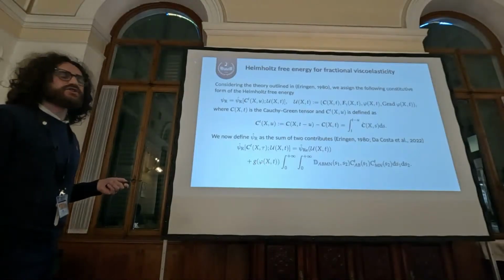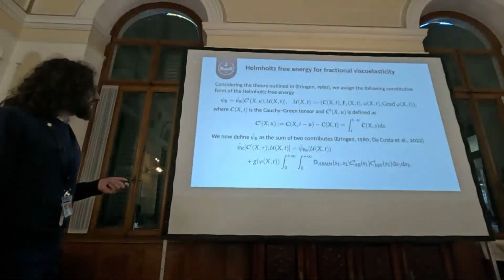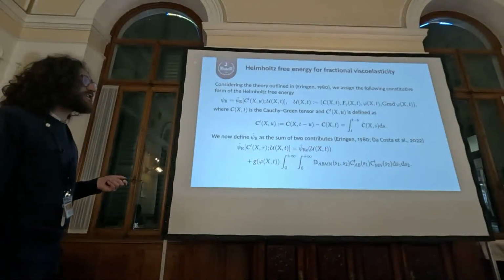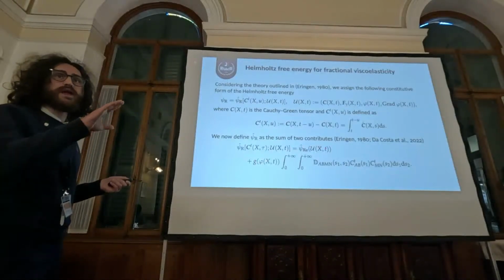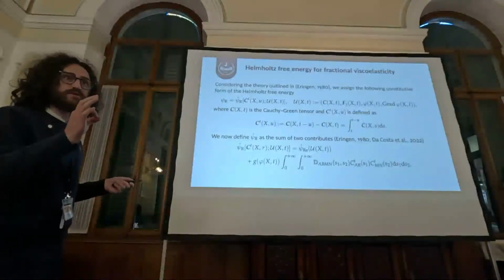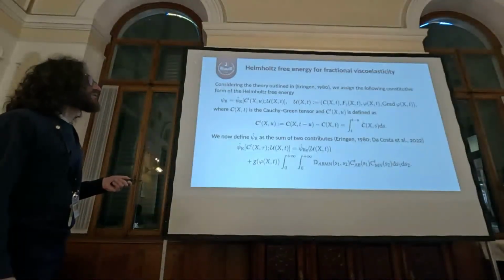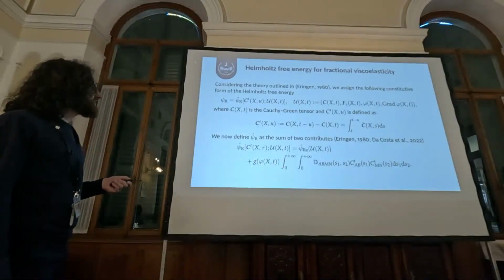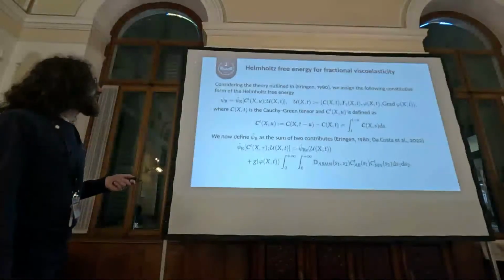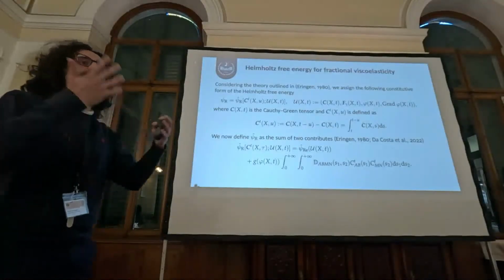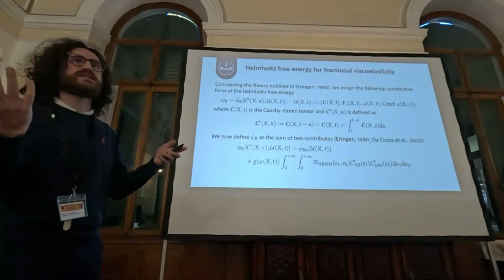This function can be designed such that for phi equal to 1, so when we have a fully damaged state, G is equal to 0, and when phi is equal to 0, so we have pristine material, this function is equal to 1. So we don't have any change with respect to an undamaged material state.